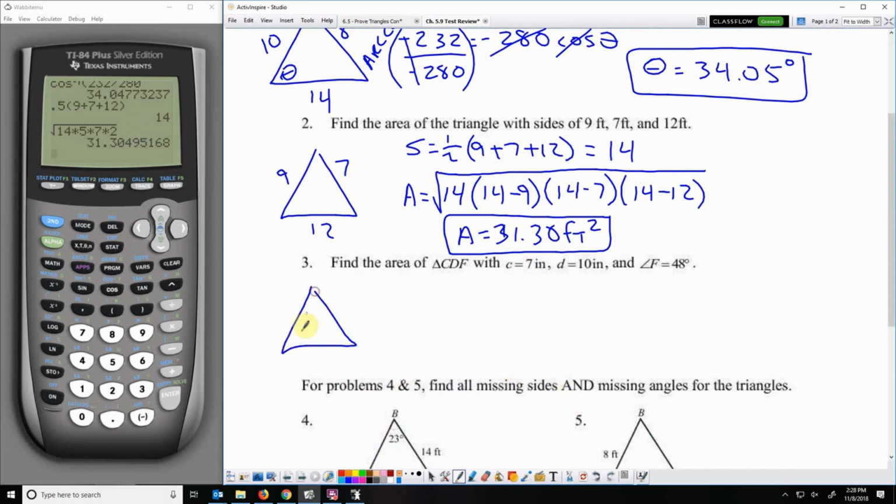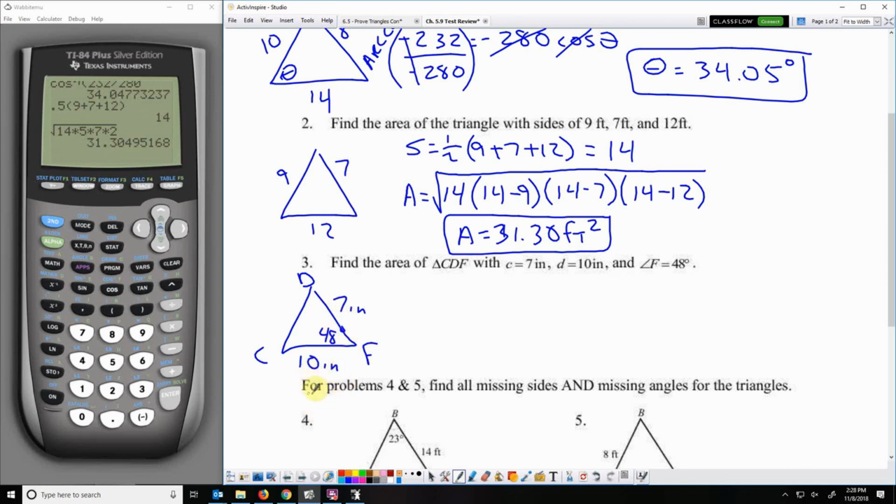All right, so this triangle, CBF, has side C at 7 inches, side D 10 inches, and angle F 48 degrees. So this time we are given side angle side.